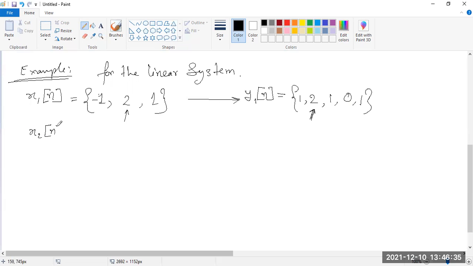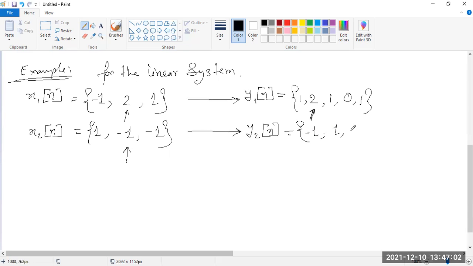x2[n] is 1, -1, -1, 2. It will give you y2[n], that is -1 1 0 2.